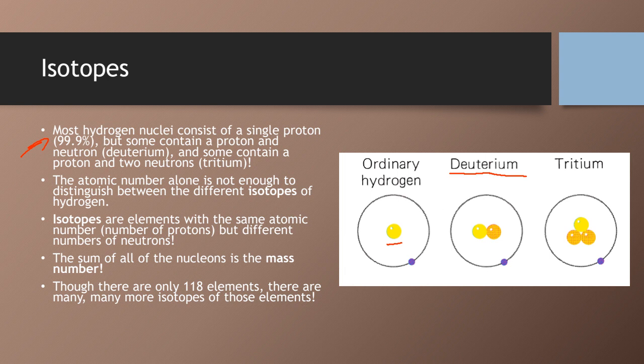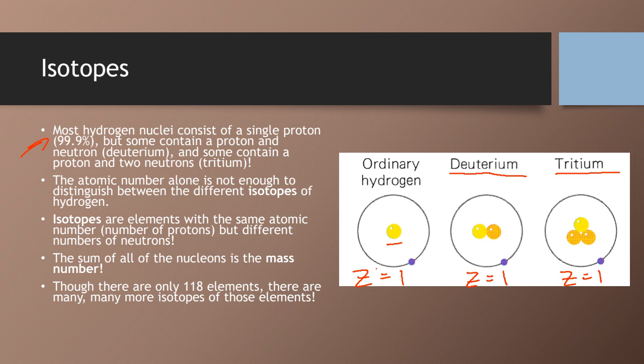And some contain a proton and 2 neutrons, which is called tritium. So here the atomic number, which we write with a capital Z, is not enough to account for the differences between these three because of the different numbers of neutrons.